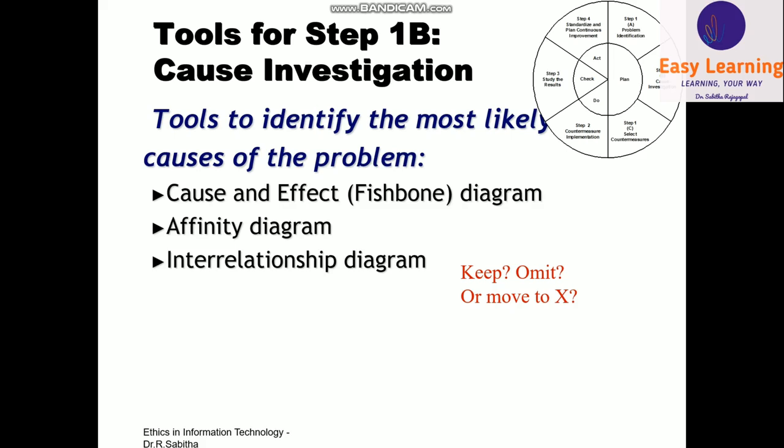So that is done using fishbone diagram, affinity diagram or interrelationship diagram. These tools will help in identifying the cause, and that is the root cause of the problem. So once we identify the root cause of the problem, definitely we can eradicate the problem by finding suitable countermeasures.